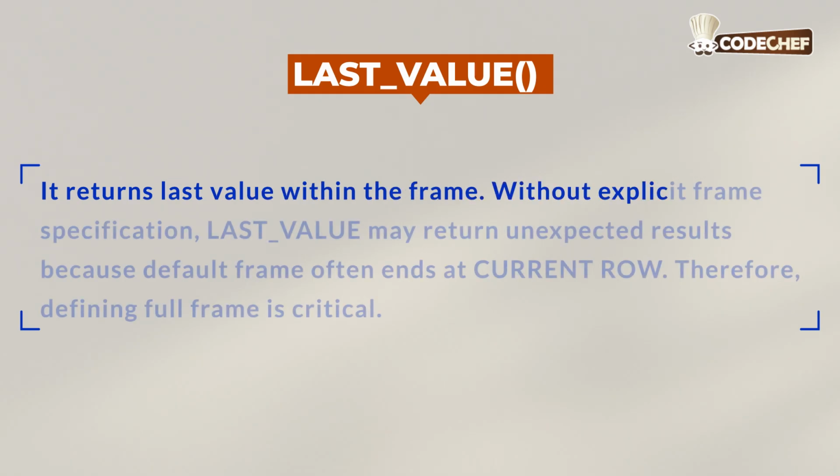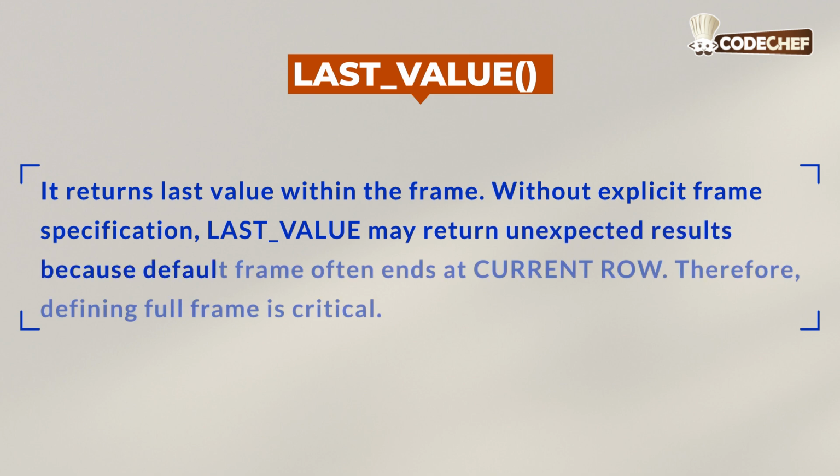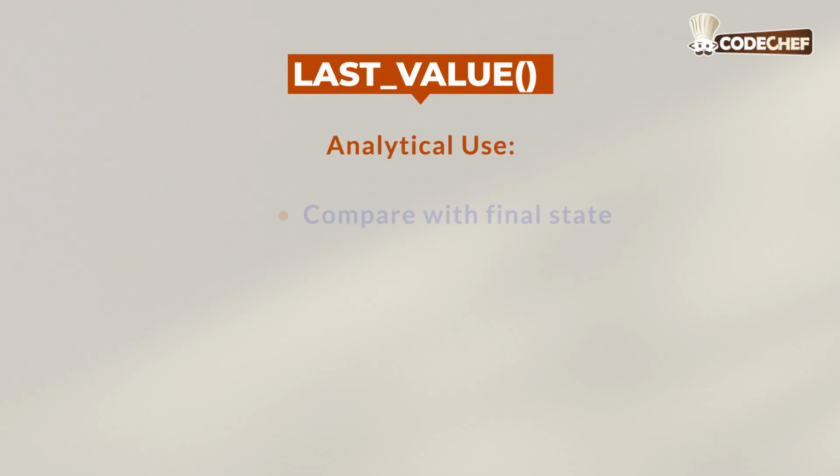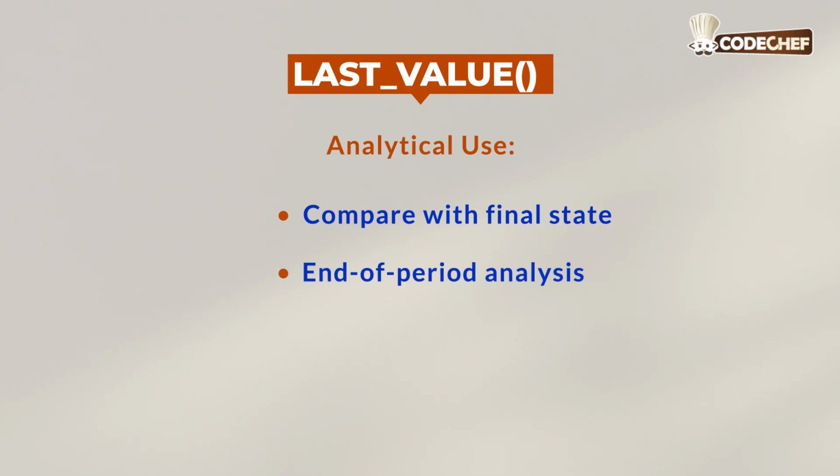Without explicit frame specification, the last value function may return unexpected results because the default frame often ends at the current row. Therefore, defining a full frame is very important while using the last value function. What are the uses of this function? It can be used to compare with final state, end of period analysis, and session tracking.